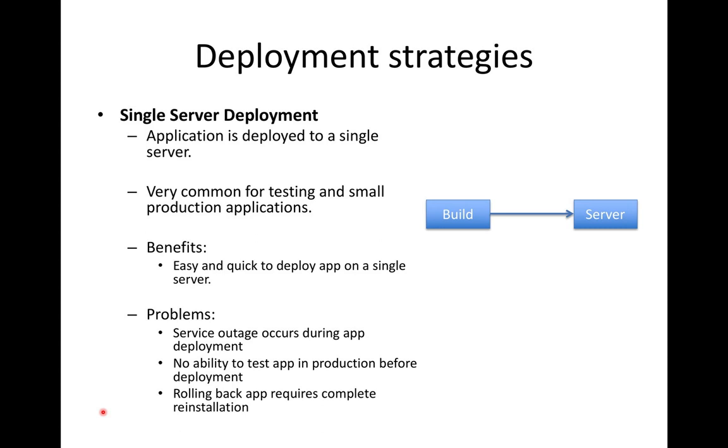When you deploy your application to that server, there's going to be some sort of service outage. There's going to be some period of time when you need to take down your service or stop your application while you are replacing that application with a new version. So your service or your application will be unavailable for a period of time.